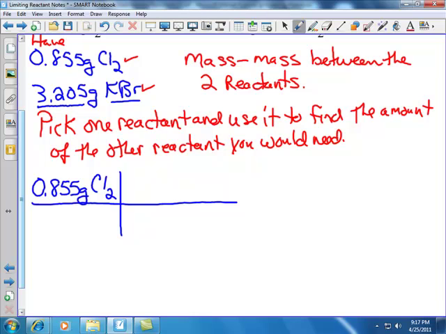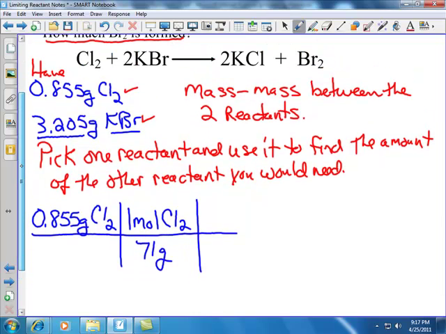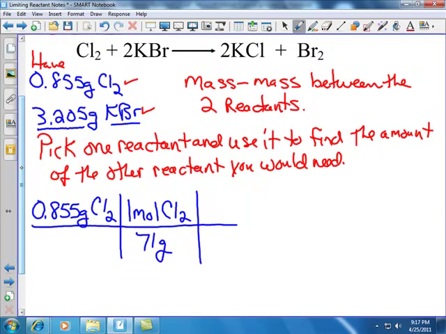So I'm going to do a mass-to-mass. I'm going to take the molar mass of chlorine, which is 71 grams. And then I'm going to calculate the mole ratio between those two, which is 2 to 1. So there's 2 moles of KBr to 1 mole of Cl2.